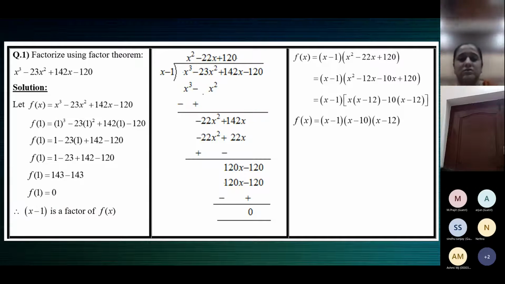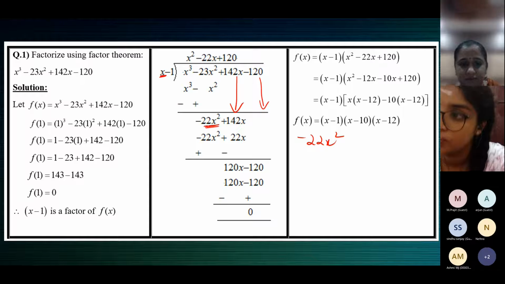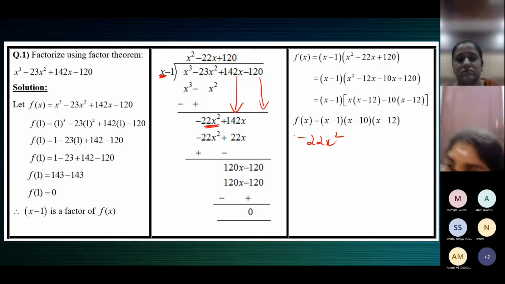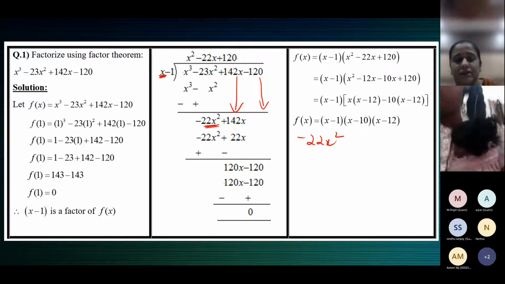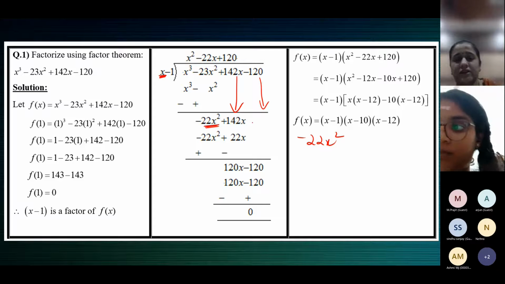Bring the next term down, or as I told you, you can also bring this down. Now again start the division, the second stage. To find the second term in the quotient, divide this minus 22x squared by x. This remainder is called the new dividend.